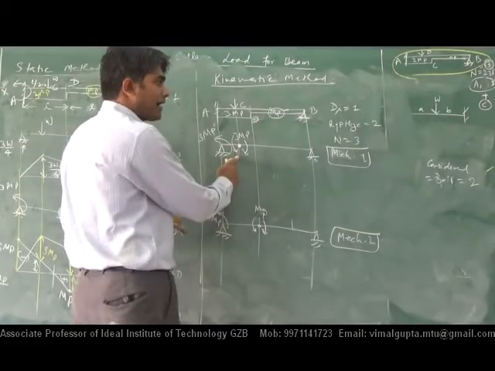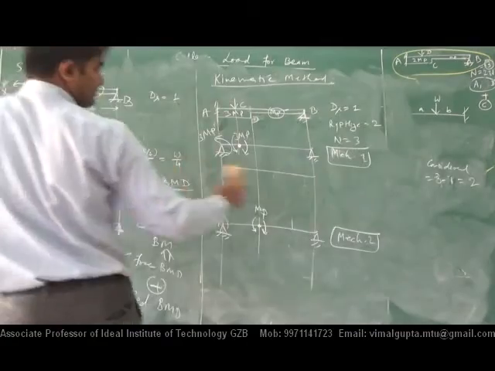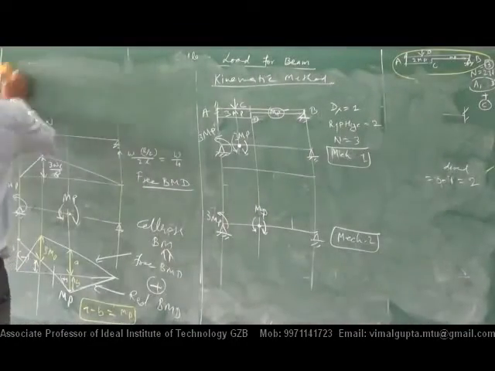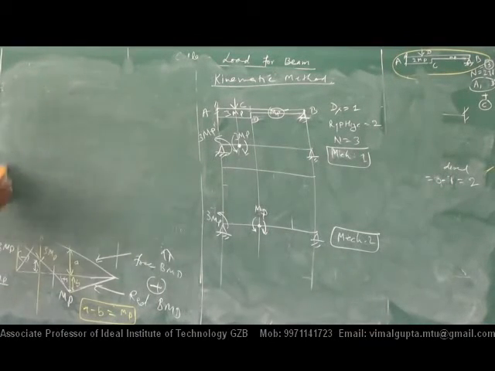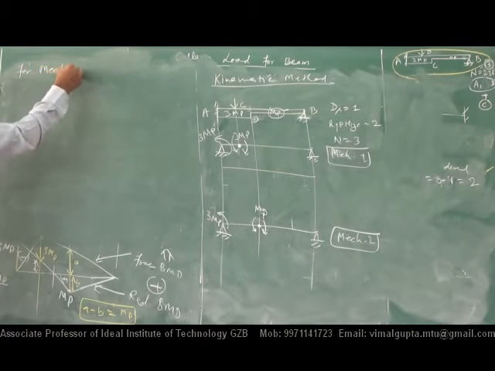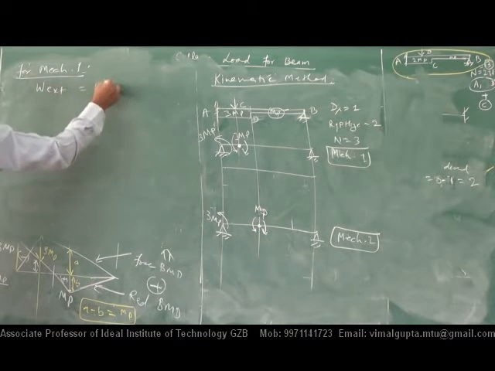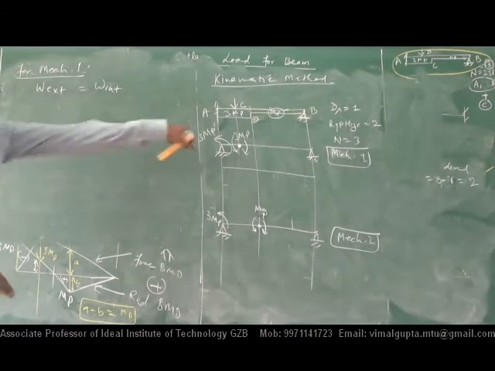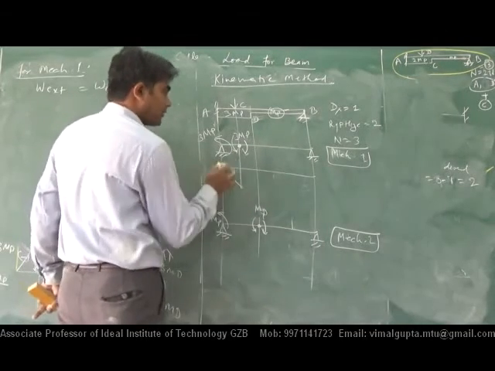How? For mechanism number 1, what will be the deflected shape? If we are equating W external equals W internal, then we must have the deflected shape diagram.